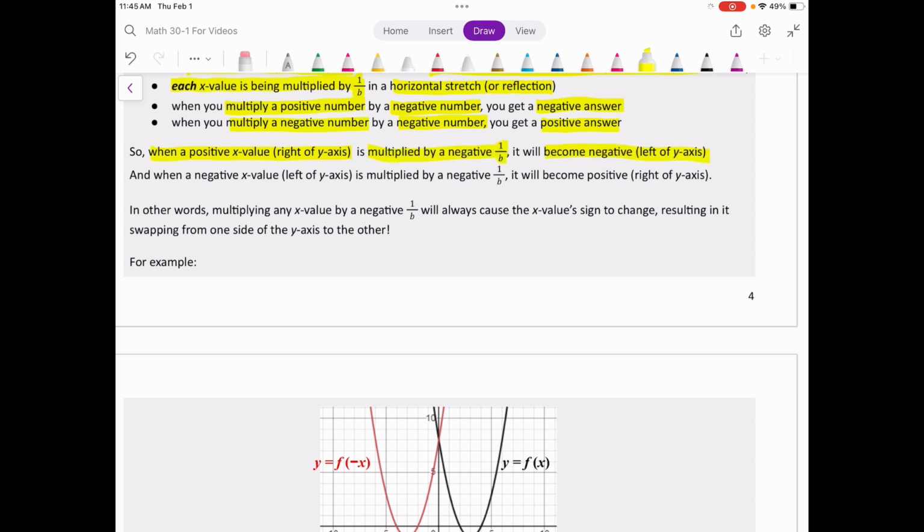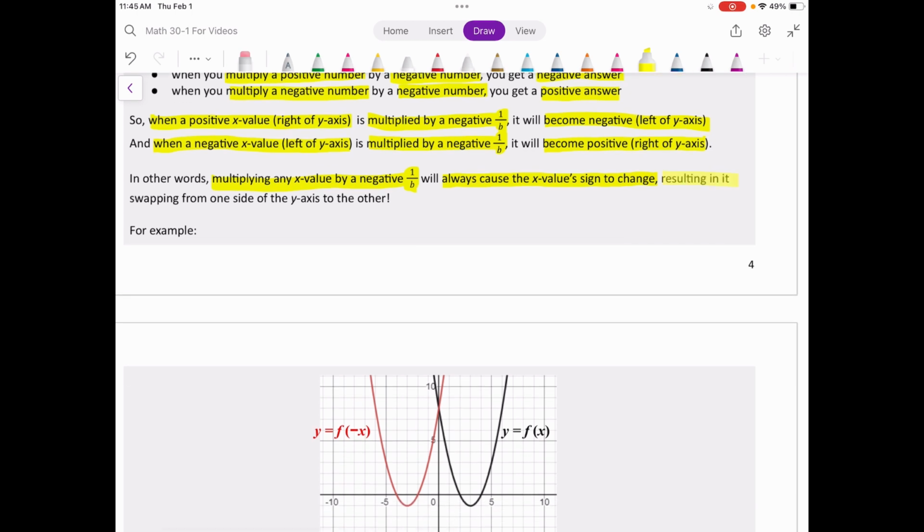It's on the left. And when a negative one that starts out on the left of the y-axis is multiplied by a negative, negative times negative is a positive. So now that new corresponding image point will have a positive x coordinate. It'll be on the right side of the y-axis. In other words, multiplying any x value by a negative 1 over b will always cause the x value's sign to change, resulting in it swapping from one side of the y-axis to the other.